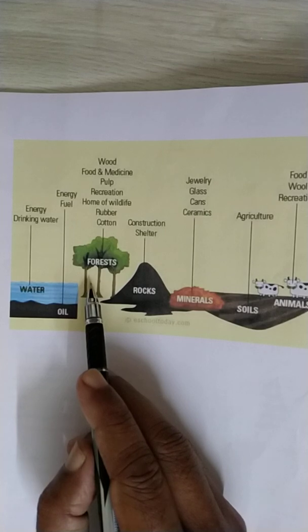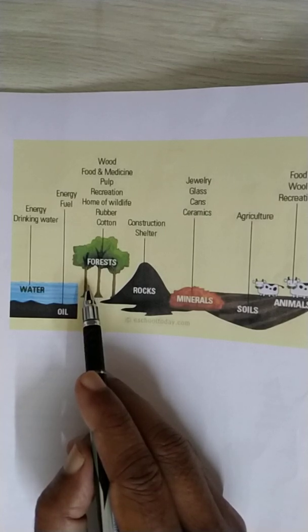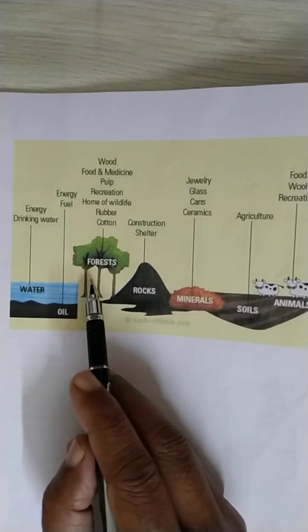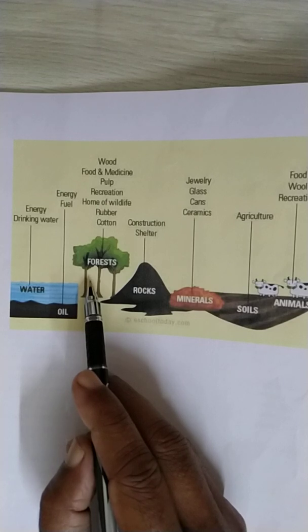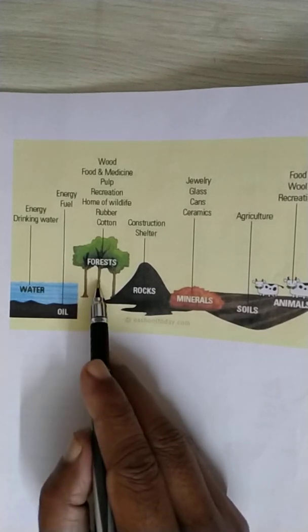We use forest products, minor and major both, to fulfill our needs. We use forest for wood, food, medicines, pulp, wood pulp, and forest is also home of wildlife. So many things we get from forest.